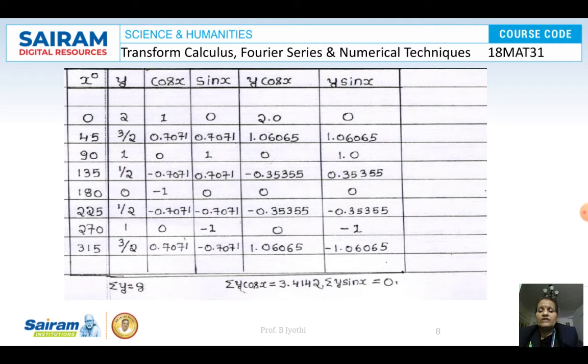Now we need the summation of all the columns. What we require is sigma y, that is the second column total, and sigma y cos x is needed, sigma y sin x is also needed, which we have computed.